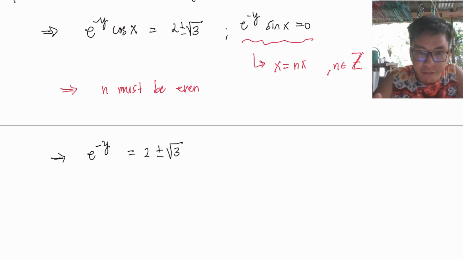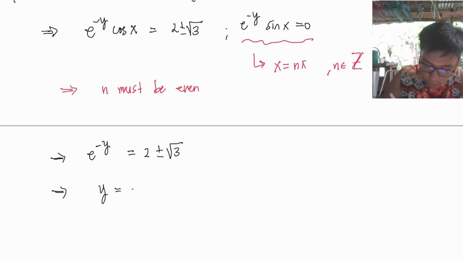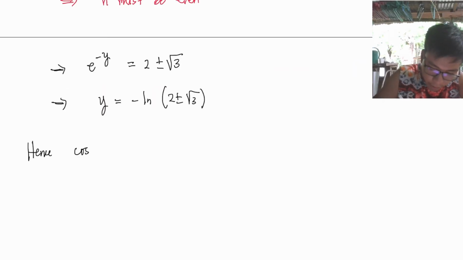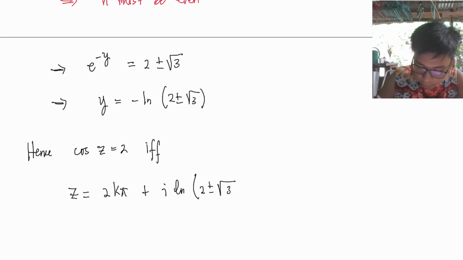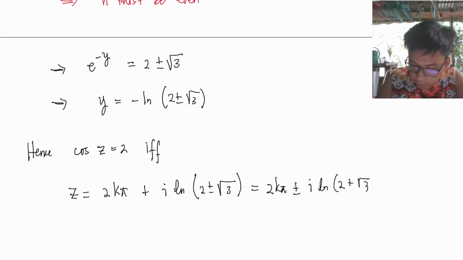So we end up with e to the negative y equals 2 plus or minus square root of 3. This further tells us that y is equal to negative ln of 2 plus or minus square root of 3. Hence, cosine of z equals 2 if and only if z is equal to 2k pi plus i ln of 2 plus or minus square root of 3, which is equal to 2k pi plus or minus i ln of 2 plus square root of 3, for some integer k.